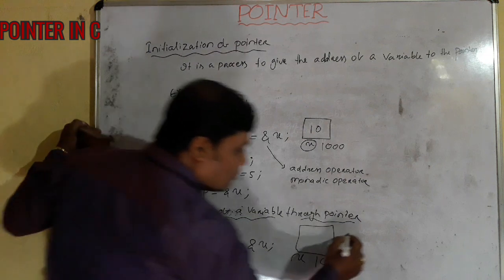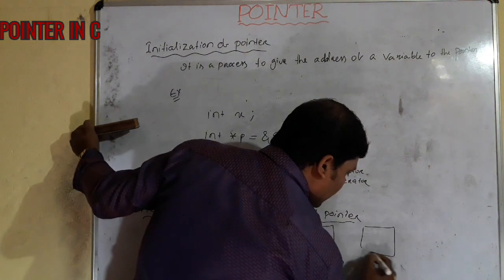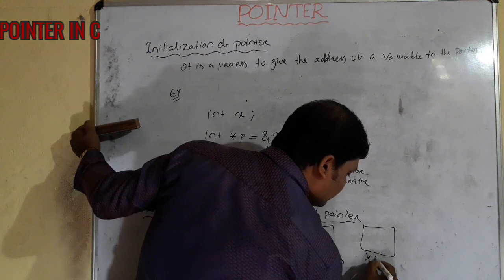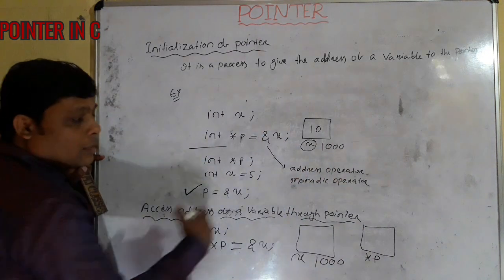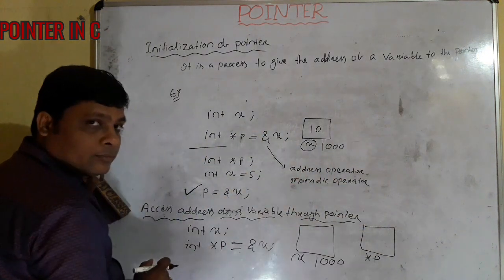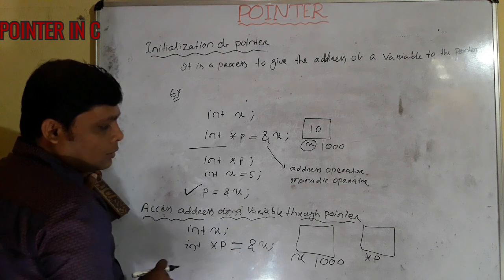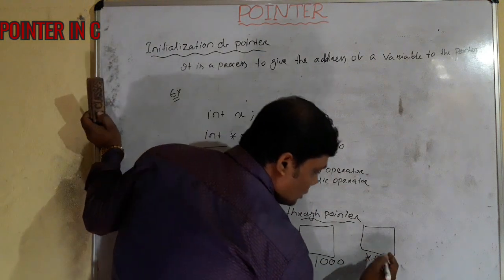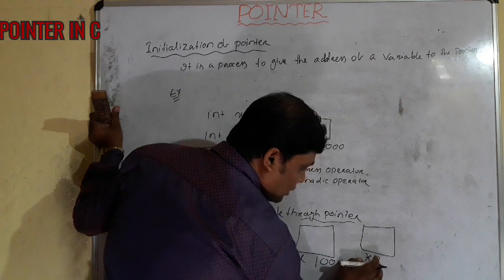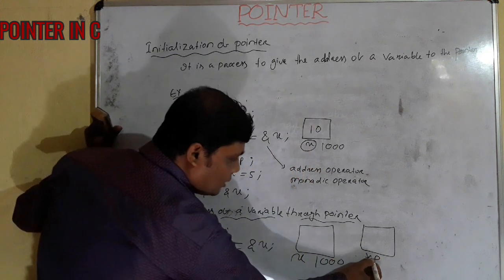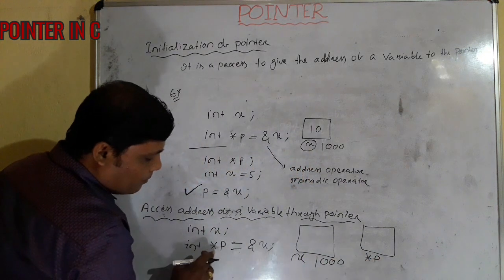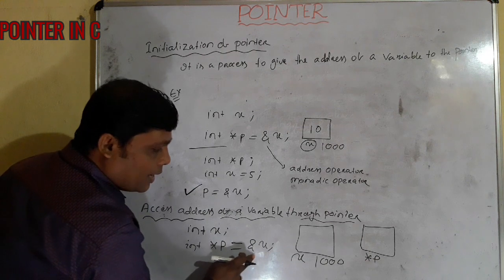So one pointer will be allocated in memory. It consumes some memory space, clear? Then what have we initialized this pointer with? We have initialized the pointer with the address of x.